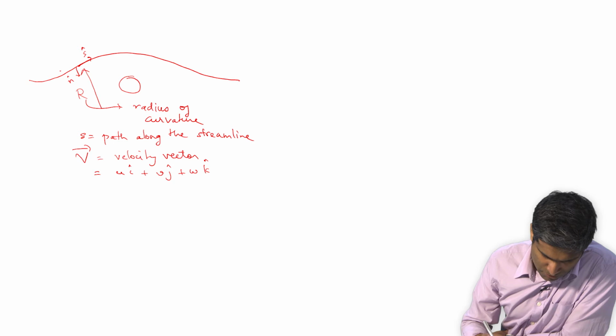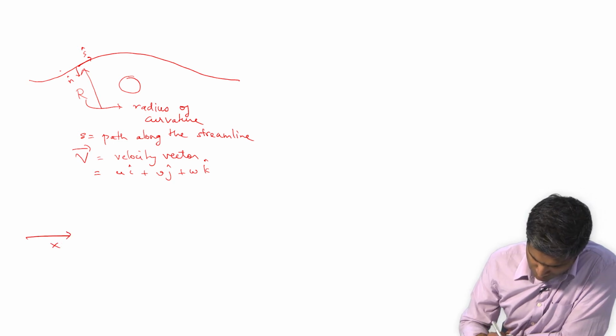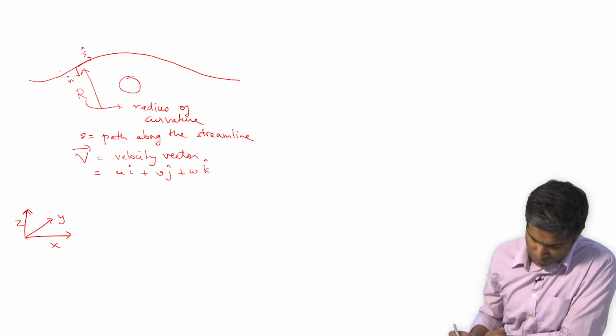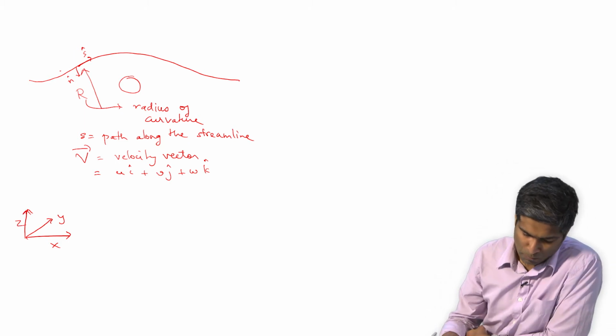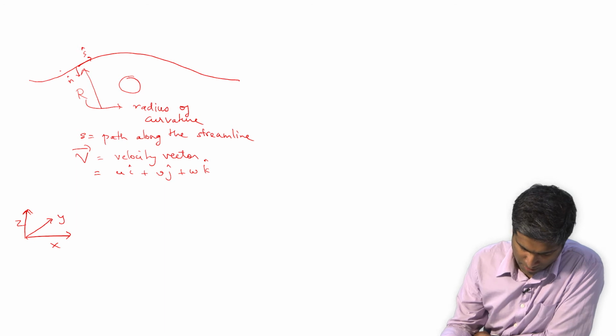The coordinate system I'm going to use is one in which x is in the plane of the paper, y is into it, and z is also in the plane of the paper. And we'll go back and forth between s, n, and x, y, z.